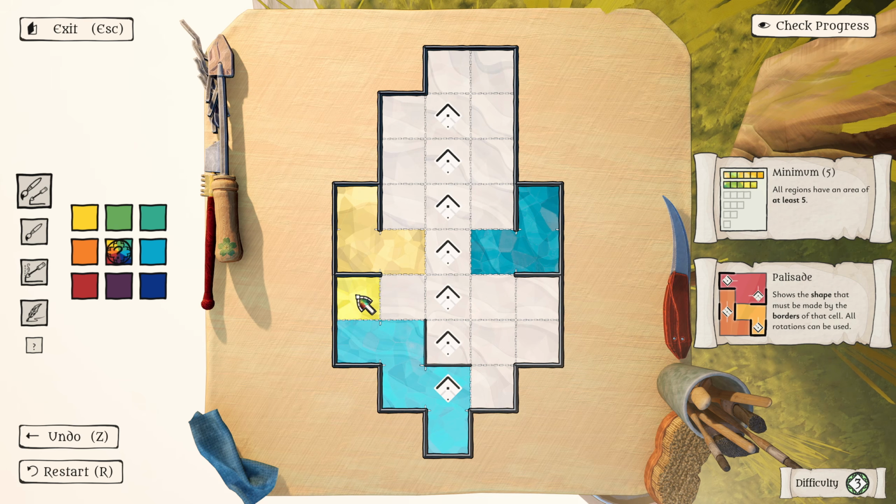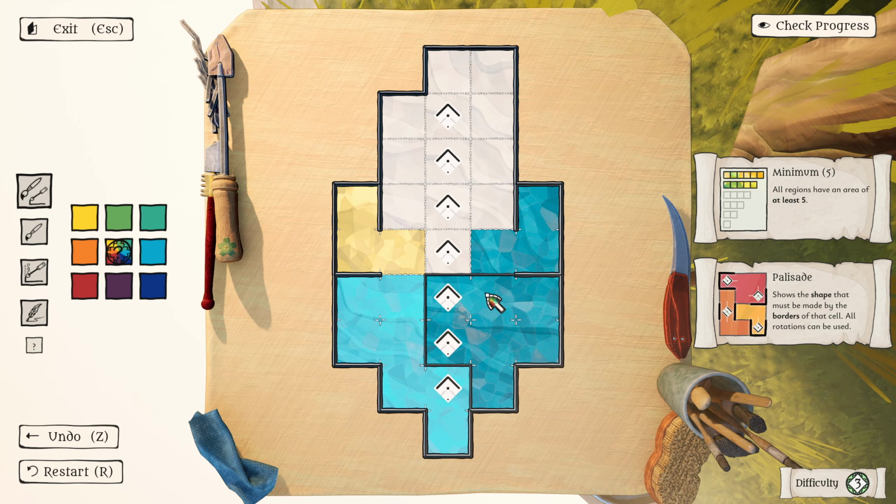This then has to come out to here. Okay, no. Minimum 5. Not 5. So this could come up to here. Could come up to there. Could come out to here. No, because that shape has to be that shape. So that could do that.